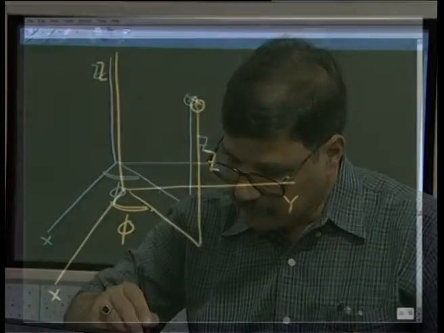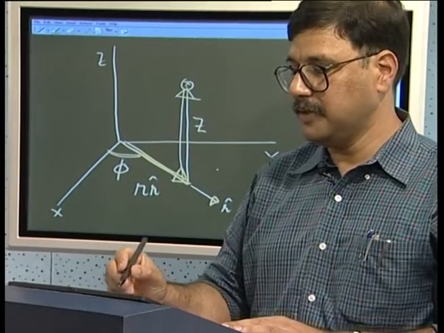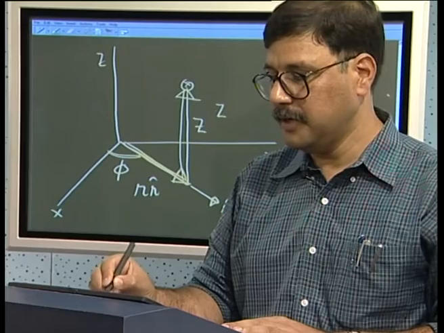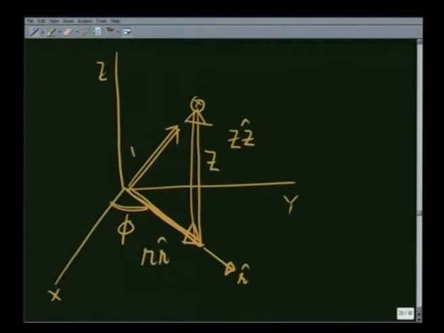So, this vector here is nothing but r, where unit vector r is in this direction in the x y plane, and this vector is nothing but z unit vector, and therefore, the position vector r is given as r plus z. The phi unit vector is again at the x y plane, perpendicular to r and perpendicular to z, like this.